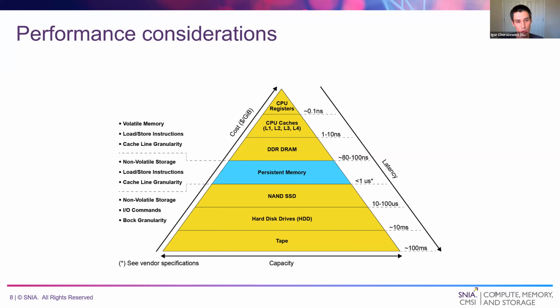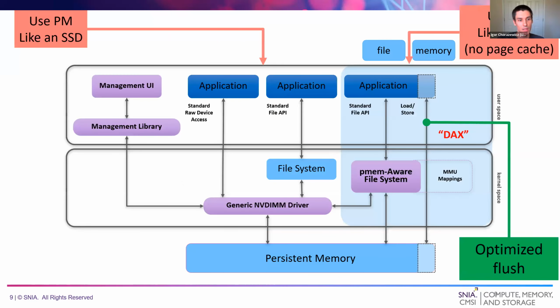I will also show how this relates to CXL in a moment, but this is right now mostly persistent memory specific. On this slide, you can see the different ways that you can access persistent memory. The easiest way is to use the APIs that you can see on the left.